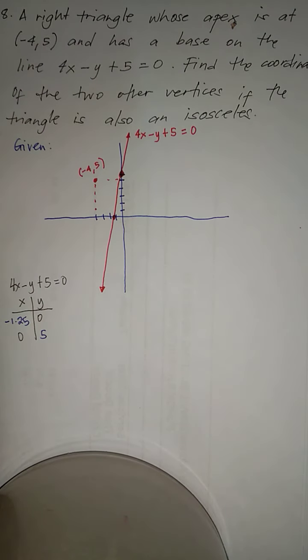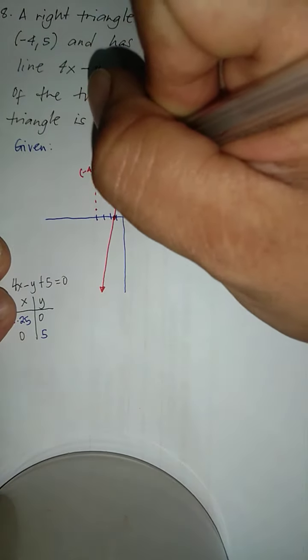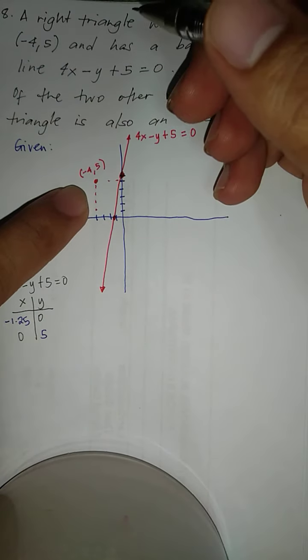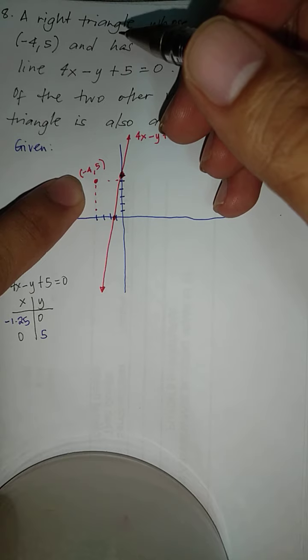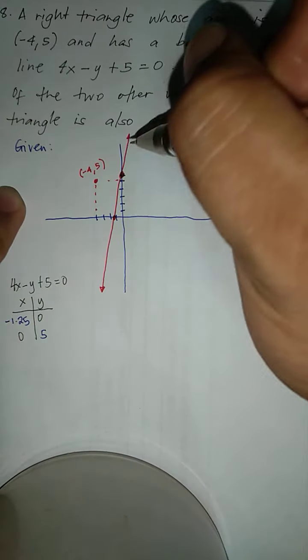Now let's reread the problem. A right triangle whose apex is at (-4, 5) and has a base on the line 4x - y + 5 = 0. So let's illustrate the triangle. If its apex is on this point (-4, 5), then it must be one of the vertices of the triangle.